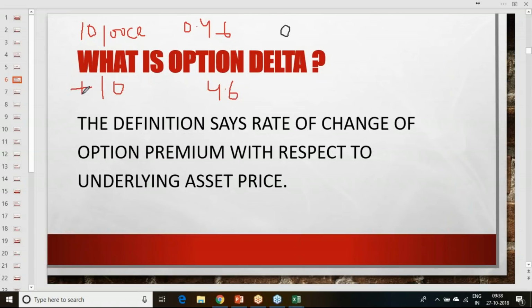If Nifty is plus 10, the option premium will go up by 4.6. If Nifty is minus 10, the option premium will fall by 4.6. This is the delta definition.